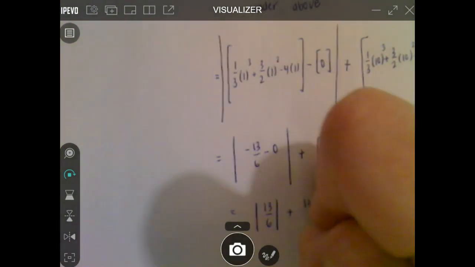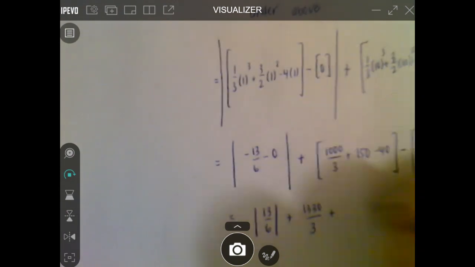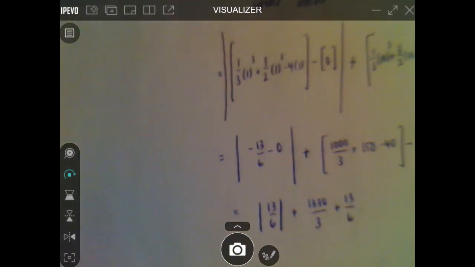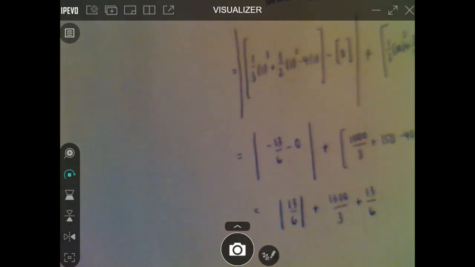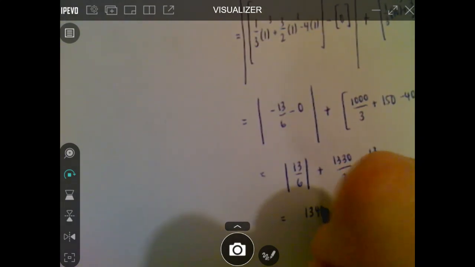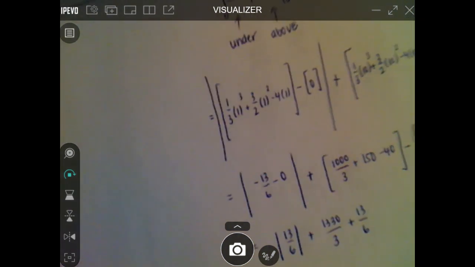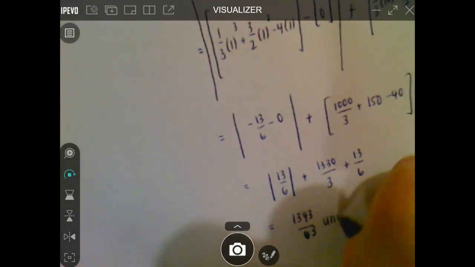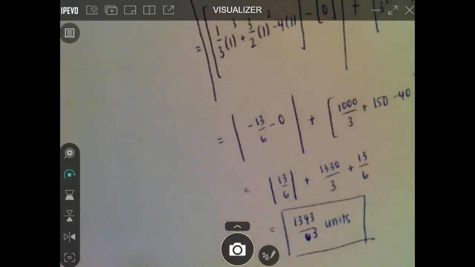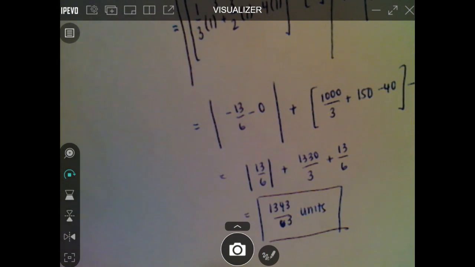That's 1330 over 3. And then plus 13 over 6. Quickly add these up. And it looks like that's going to be 1343 over 3. And my units here, I'm not sure I'm giving units, so units. My total distance, 1343 over 3 units.